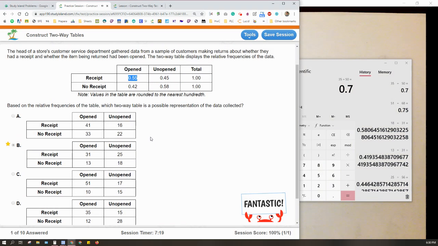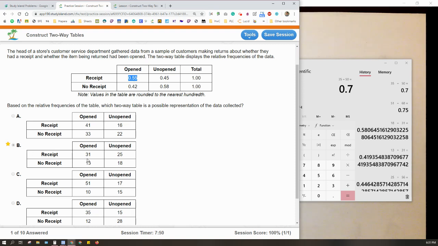So just as a quick review, if you have a relative frequency table, which has the percentages in there, or the decimals you can convert to percentages, the two-way table that will reflect those will be the total of a row or column based on where the relative frequencies are totaling. In these, we can see the total is the total of the rows. So all we have to do is find the percentages and then look at which table has numbers that match those percentages.